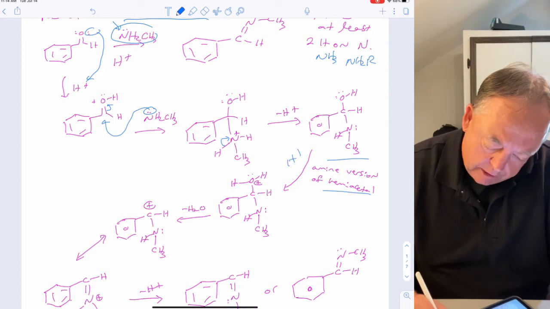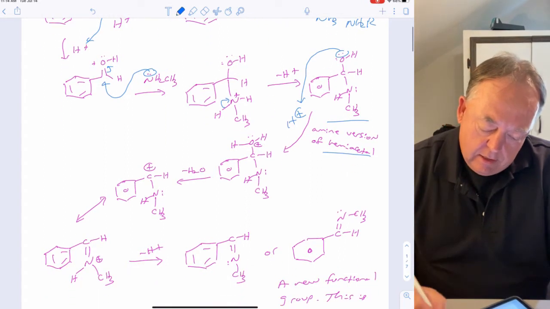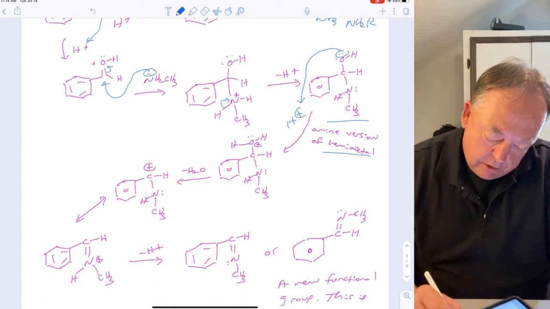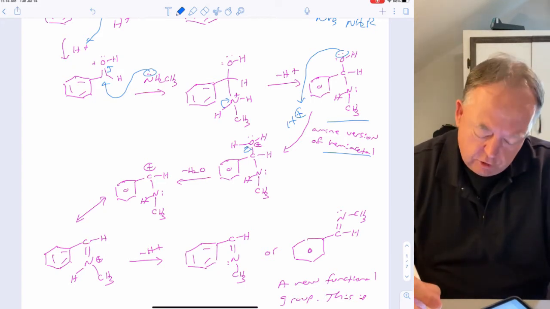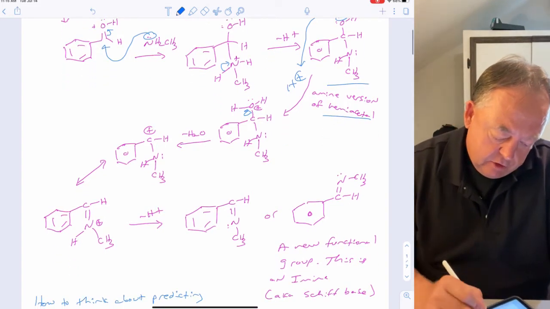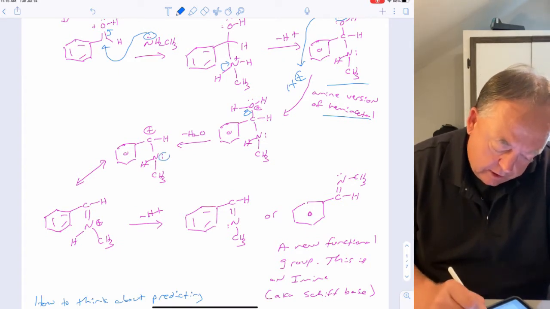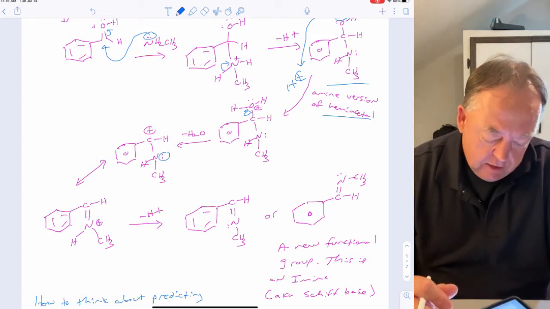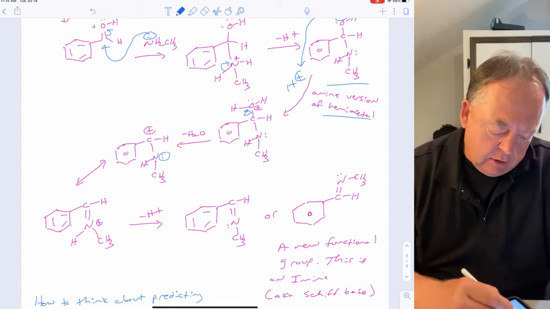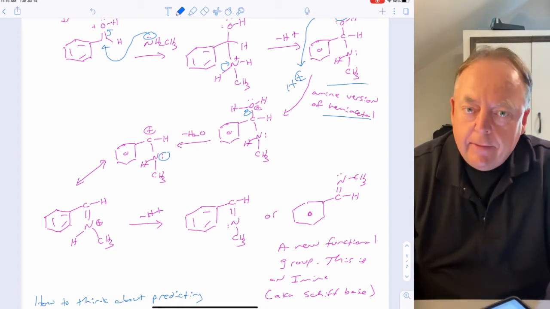We're going to protonate the oxygen again. Now you have a water molecule, so the water molecule can leave and take those 2 electrons with it, to make this carbocation. This is where the mechanism becomes different, because with the acetals, another alcohol attacked here, but that's not what happens with amines.